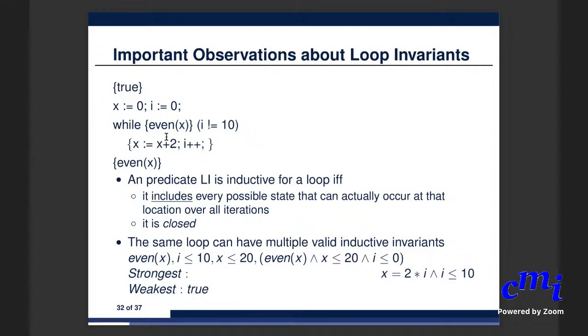So if you start with every possible state, obviously it satisfies the initiation condition, because you start with anything and you always get into some state that is included in true. And if true holds at the beginning of a loop, then obviously it is inductive, because after you execute the body, you will stay within it.